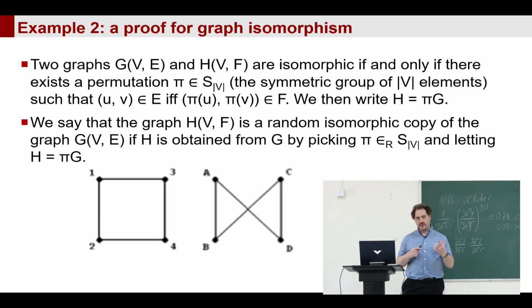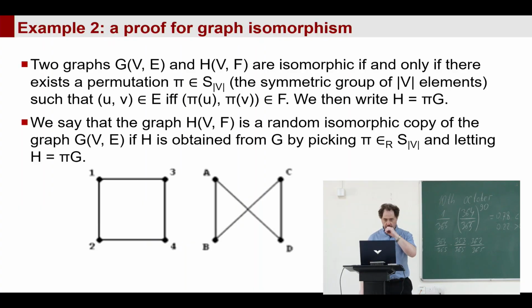So essentially, it's a mapping to itself, or a permutation, such that the edge in the first graph would correspond to the edge in the second graph after the permutation.